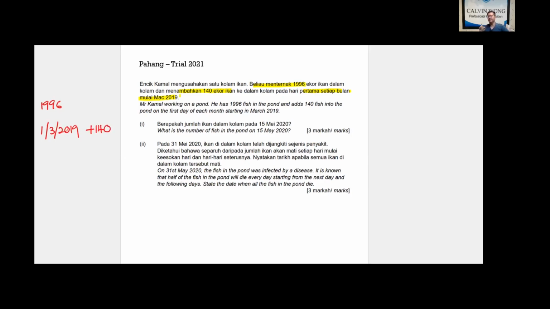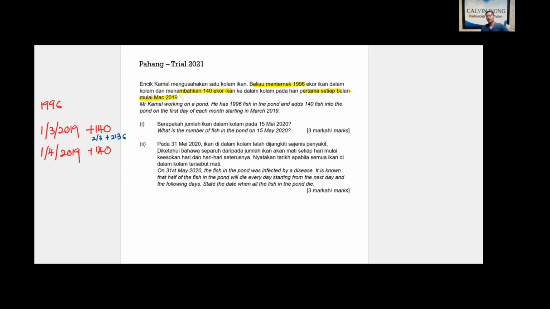This is the method. Write down. And 1st of April, I add another 140. That means, okay, on the 2nd of March, I should have 2,136.